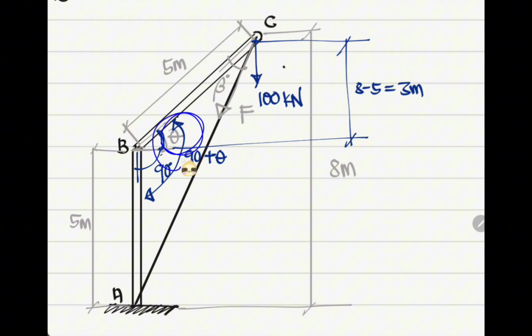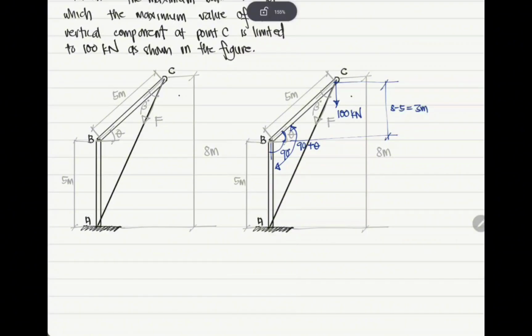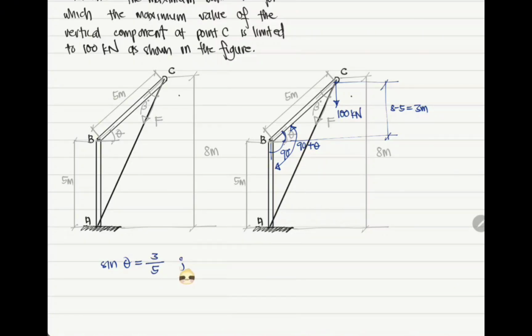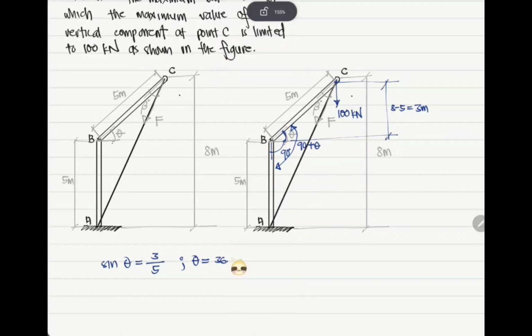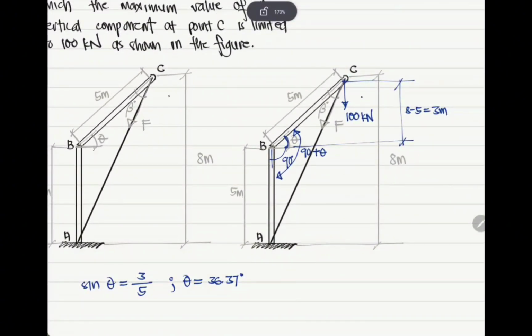We get theta using the sine function. Sine of theta is equal to opposite over hypotenuse, so theta is arc sine of 3 over 5, which is 36.87 degrees.